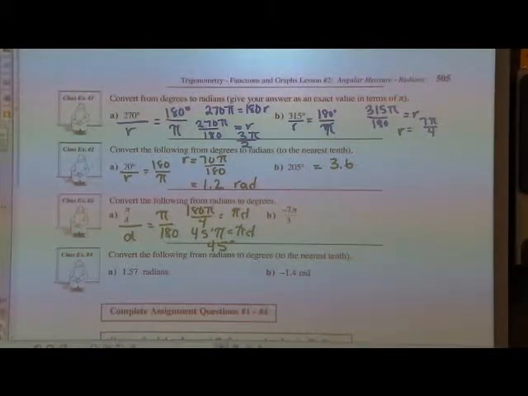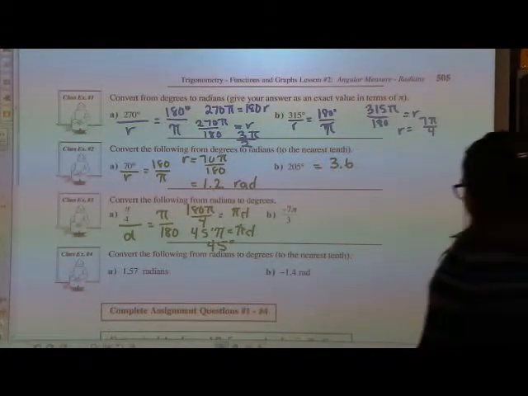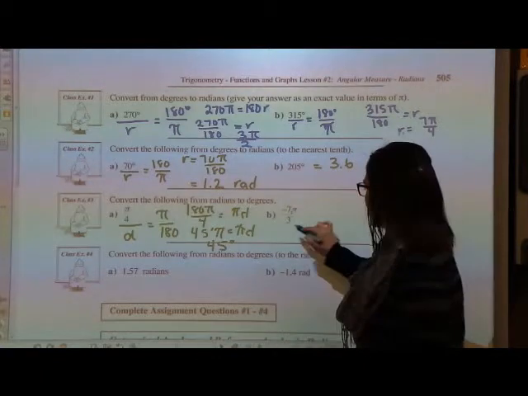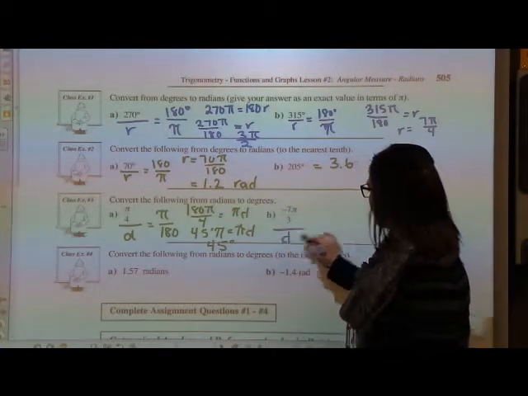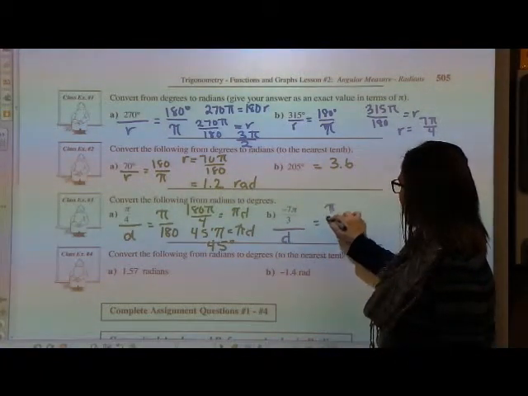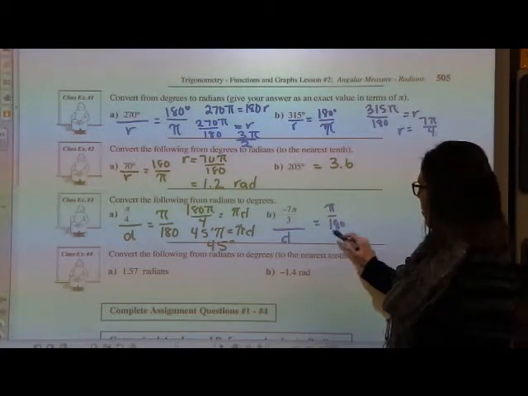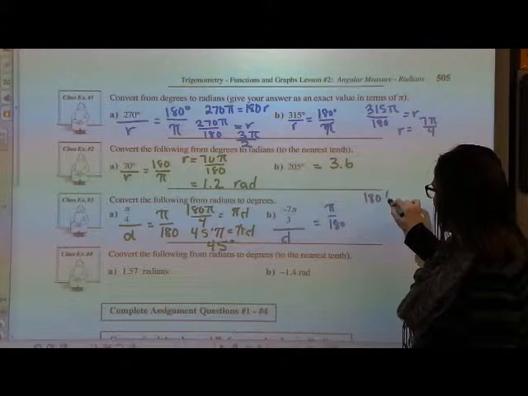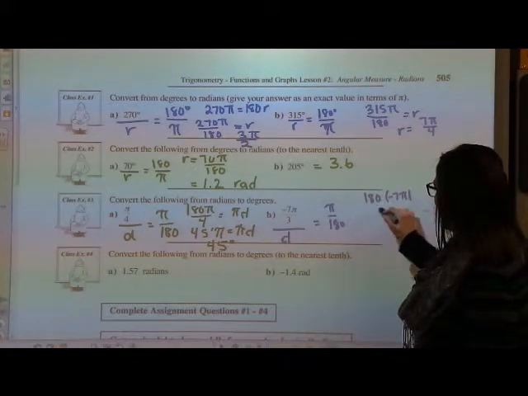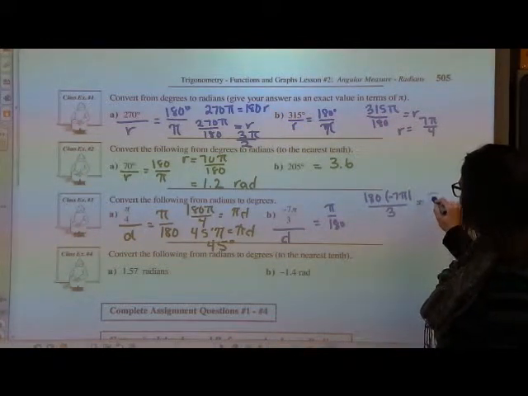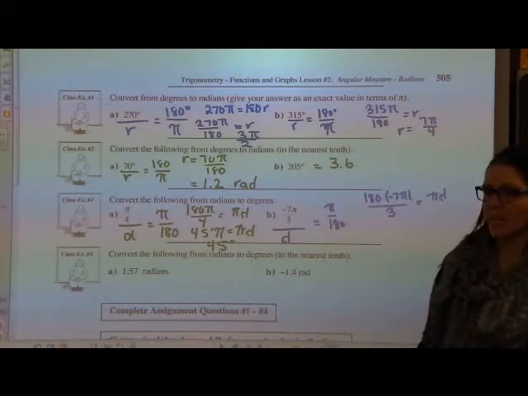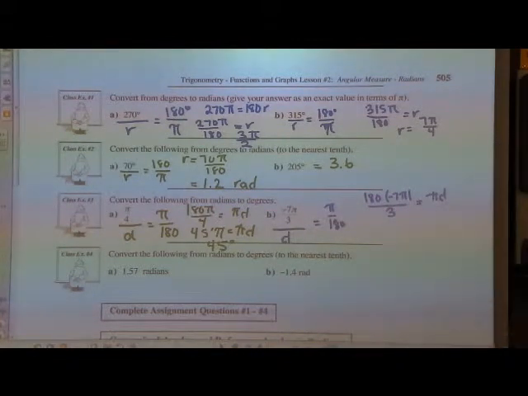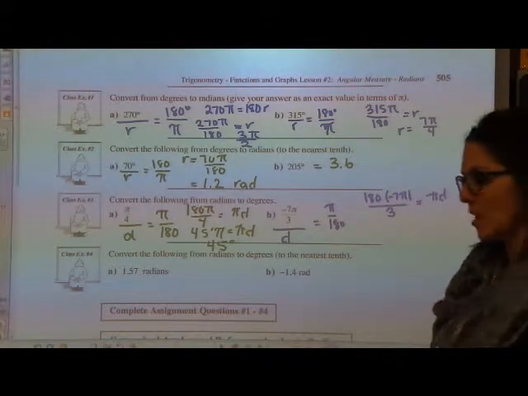Okay, so this negative 7 pi over 3, again, if we did our proportions, where d would equal pi over 180. So I would take 180 and multiply it by negative 7 pi, and it would be all over 3, and that would be equal to pi times my degree. So 180 times negative 7 divided by 3.